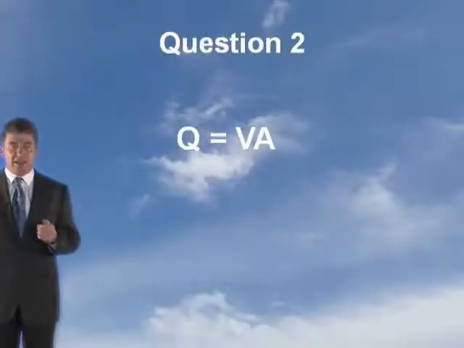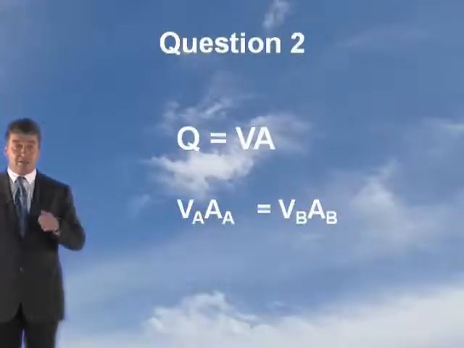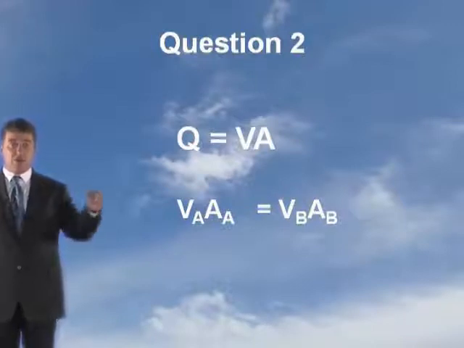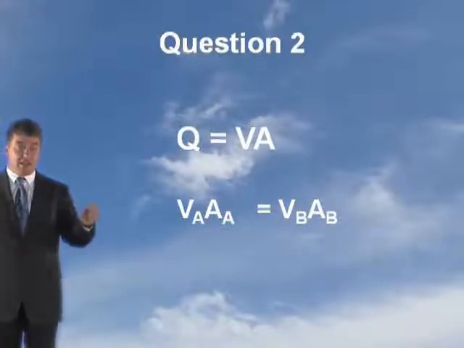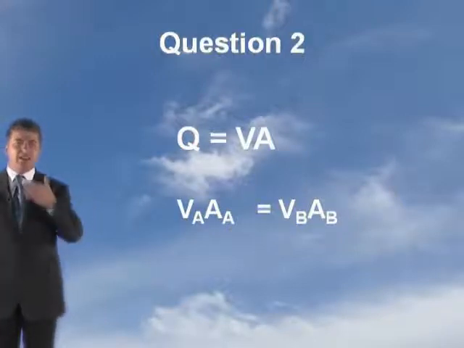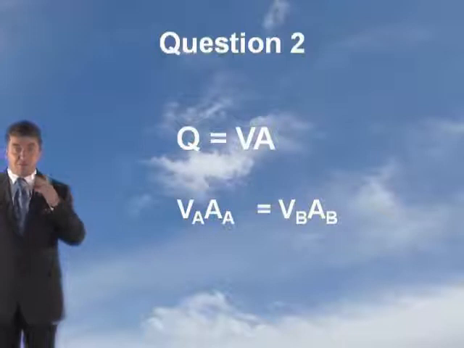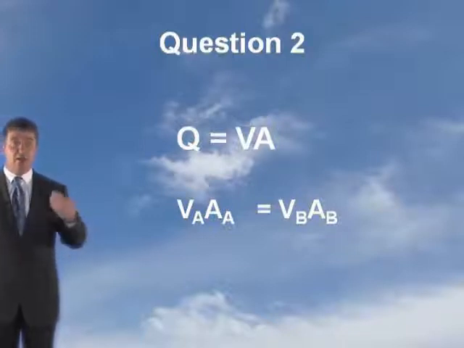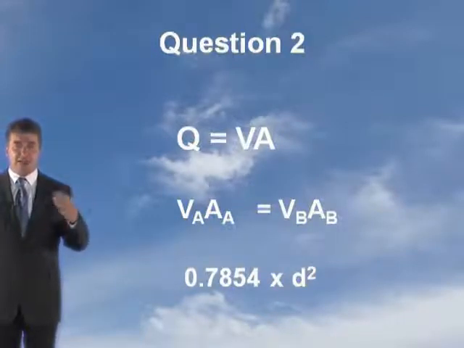Now Q equals vA, and vA AA equals vB AB. In other words, velocity times area at point A is the same as velocity at B times area at B. First of all, let's determine the area at the two points using 0.7854 times d squared.